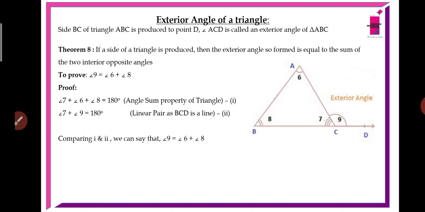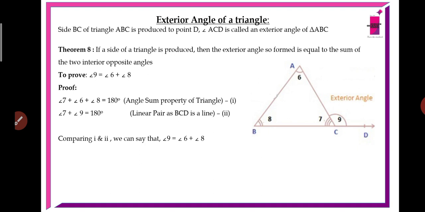And you can see here, BCD is a line, at point C, AC is a ray. If a ray stands on a line, then the sum of the two angles will be equal to 180 degrees. They are a linear pair. Taking the linear pair axiom, angle 7 plus angle 9 equal to 180 degrees, as BCD is a line.